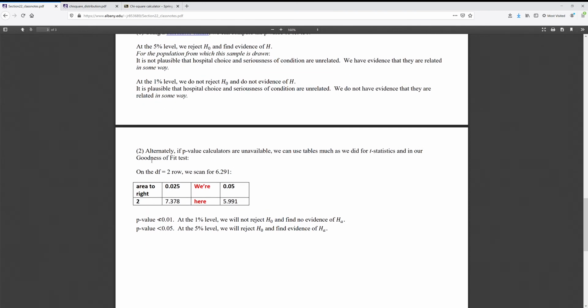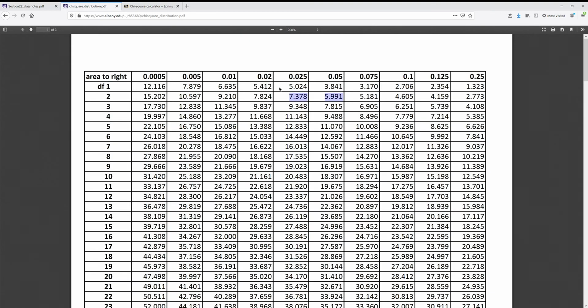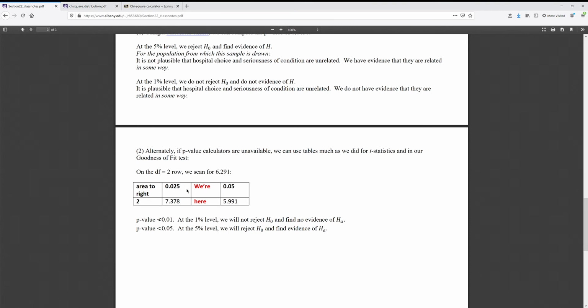So I'm doing 2 first here, but if we're ballparking it, then yes, as we saw, we're between 7.3, 7.8, and 5.991 on the 2 row, which puts us between 0.25 and 0.5 area to the right, p-value. So our p-value is between 2.5% and 5%.